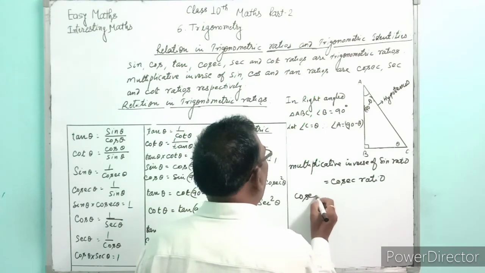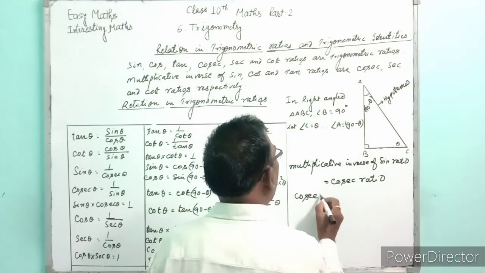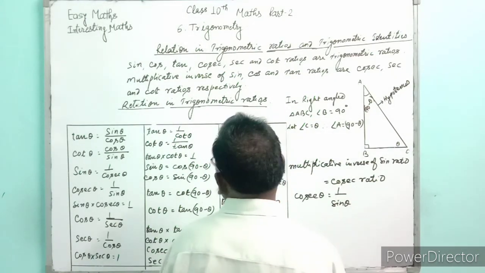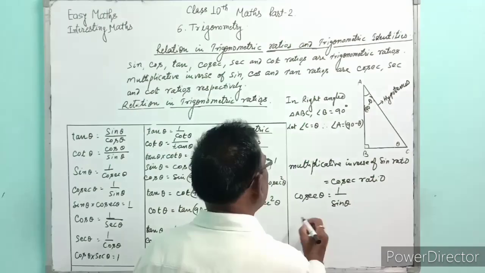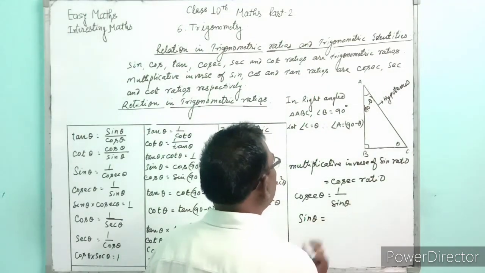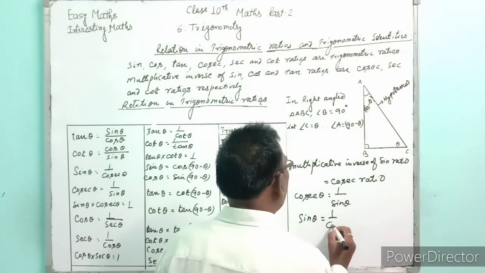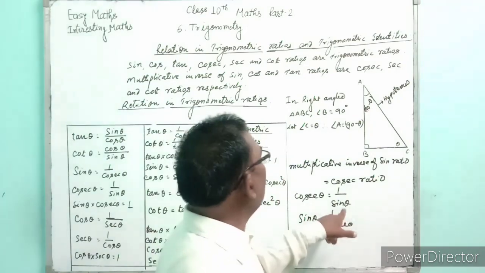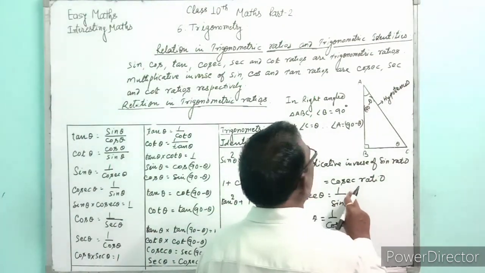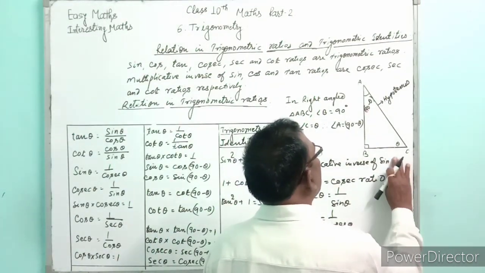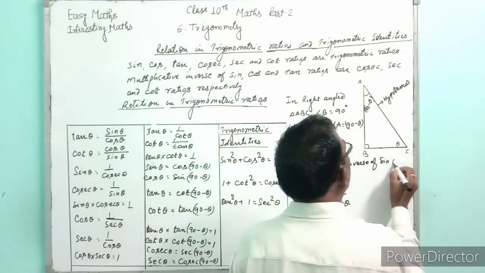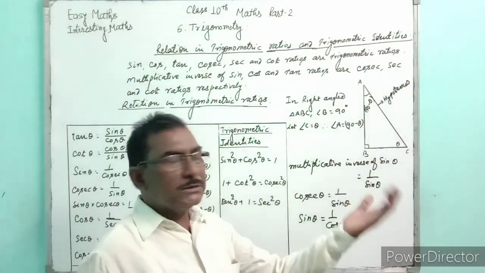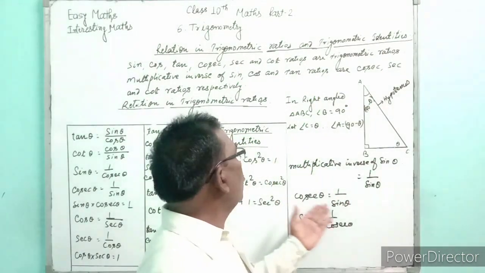cosec theta is equal to 1 upon sin theta, or sin theta is equal to 1 upon cosec theta, because the multiplicative inverse of sin theta is equal to 1 by sin theta, and 1 upon sin theta is equal to cosec theta.